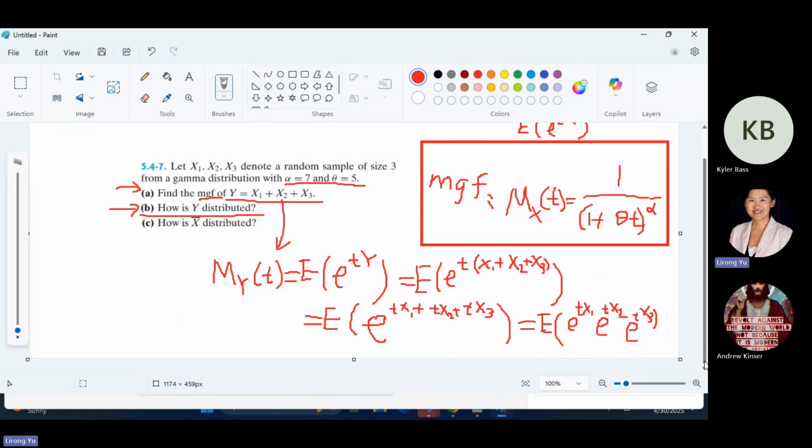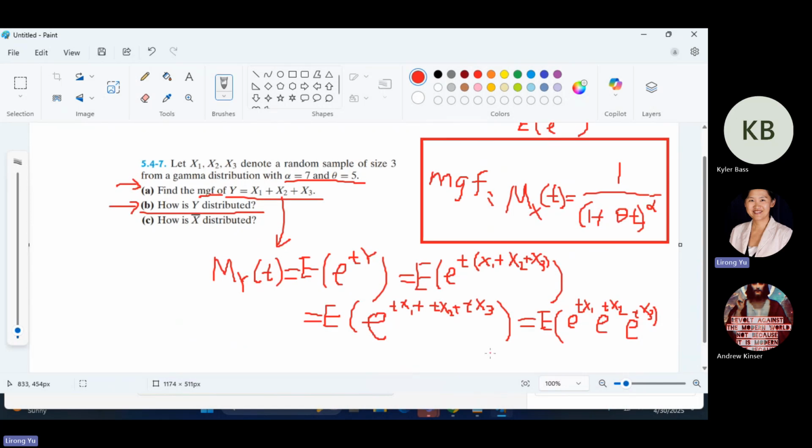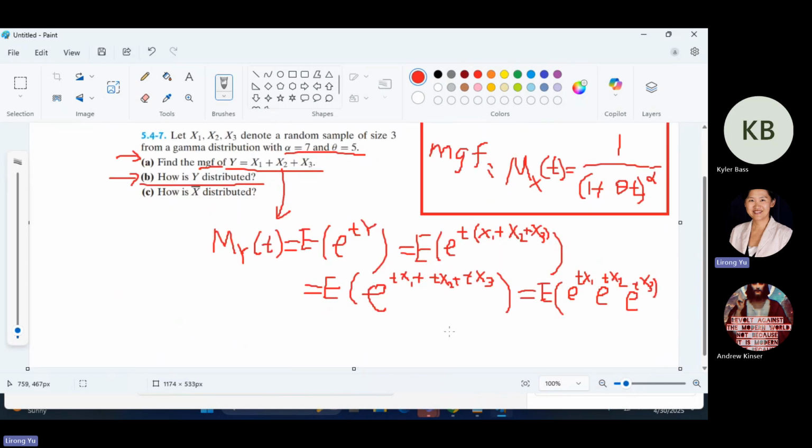So that's the moment generating function calculation, still theoretical. But then we realize this is a random sample. In a random sample, all the variables in that sample are independent from each other. So x1, x2, x3 are independent from each other. So this is equal to the expectation of e to the tx1 times, due to independence, the expectation of e to the tx2, and then the expectation of e to the tx3.